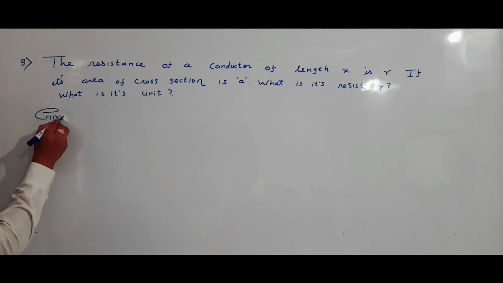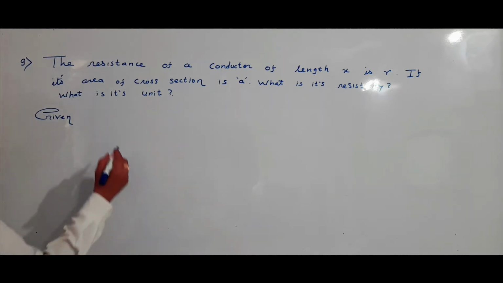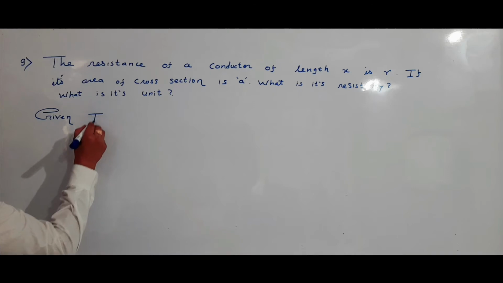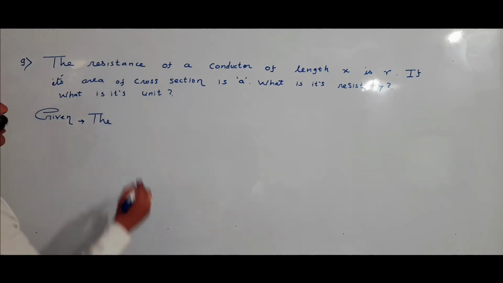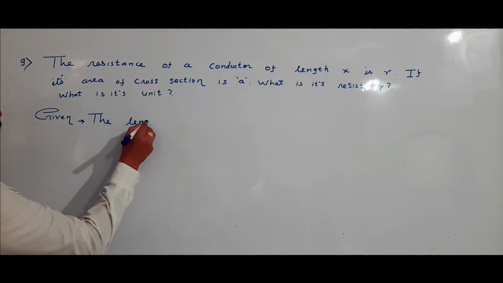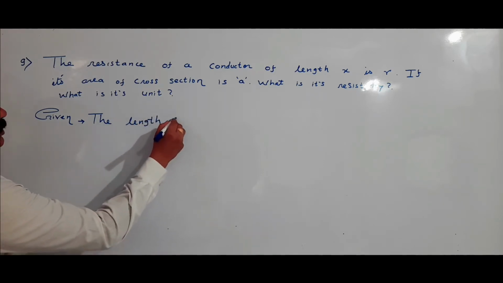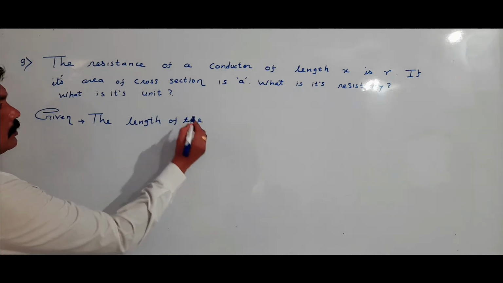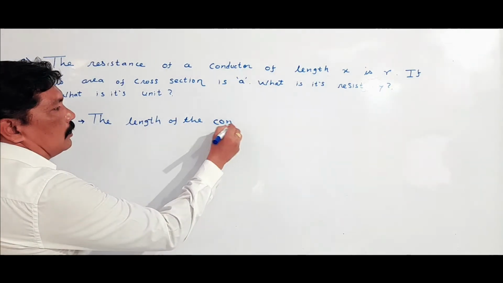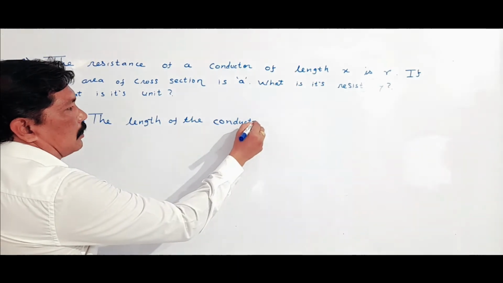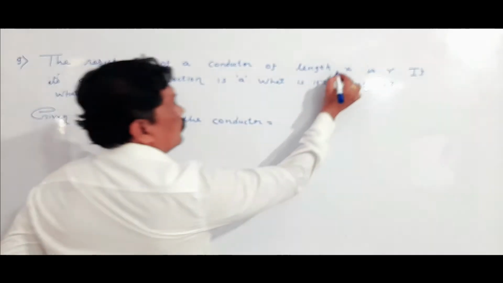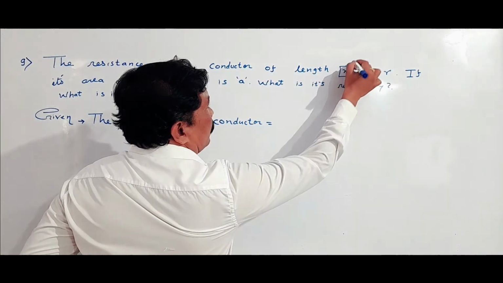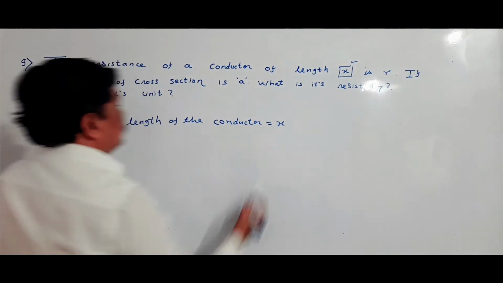First we'll write what is given. The length of the conductor is equal to x.